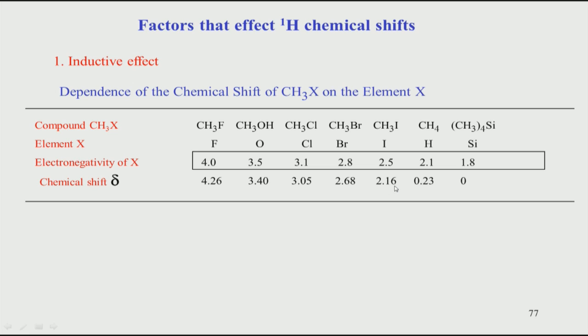Both are halides, but because chlorine is more electronegative than iodine, the inductive effect of iodine is less compared to chlorine, and therefore a CH3I molecule will have a hydrogen coming upfield shifted compared to CH3Cl. And methane, which is all hydrogen atoms, a symmetrical molecule, is the most upfield shifted, and it will come at 0. Remember again we are looking at a reference.